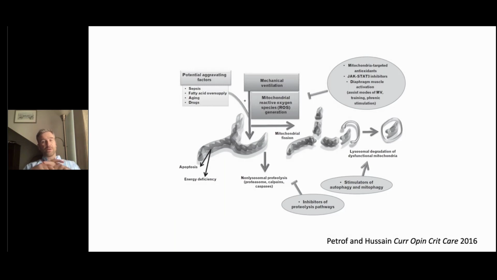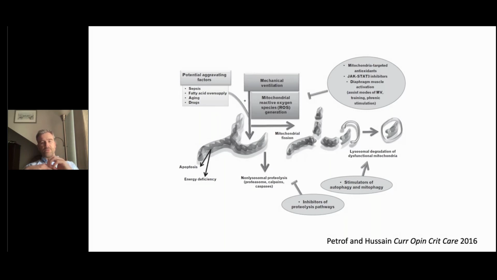Now, the molecular biology underlying this process is complex. And the exact mechanism linking inactivity to atrophy is actually still not precisely delineated. But what's clear is that in a muscle that's rendered inactive, there's a buildup of reactive oxygen species associated with an abnormal metabolic state.